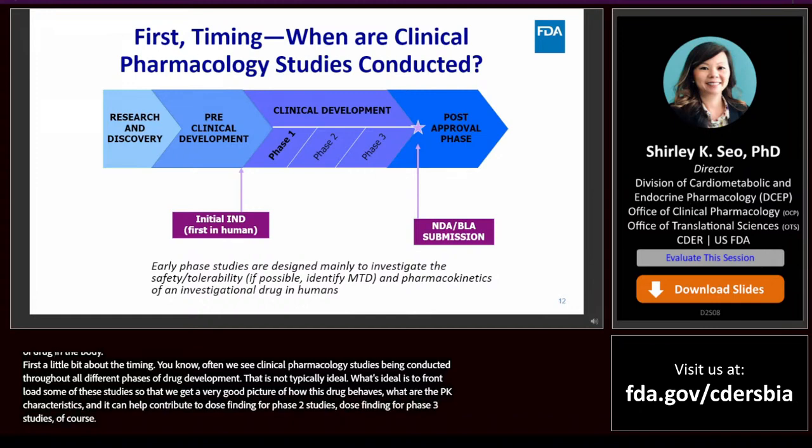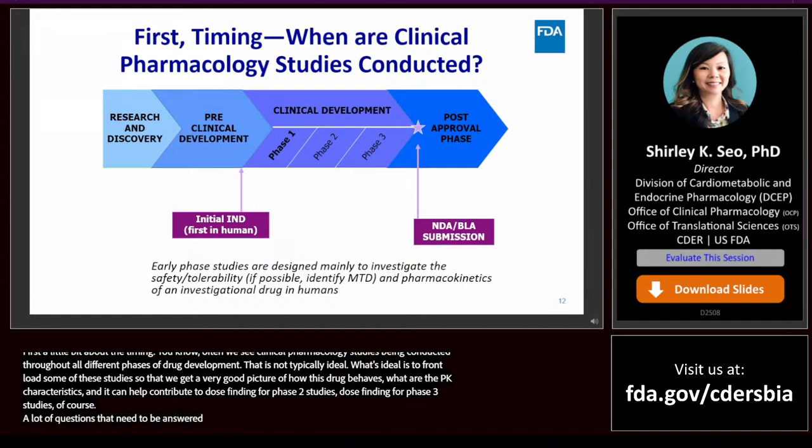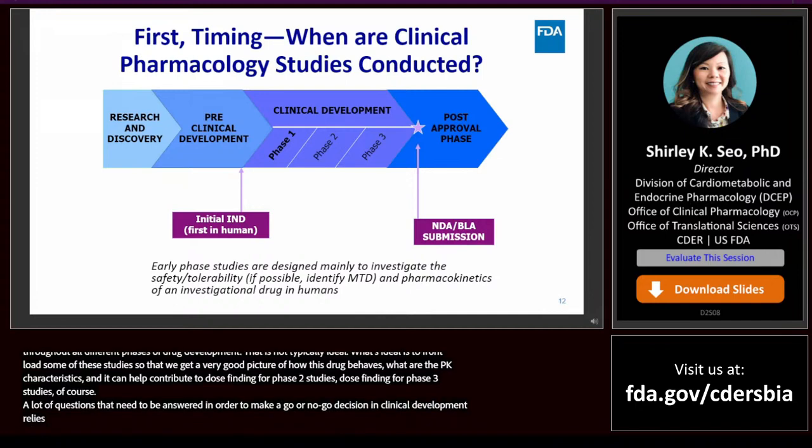A lot of questions that need to be answered in order to make a go or no-go decision in clinical development rely on clinical pharmacology information. So consider that in drug development, a lot of these clin pharm studies should be done very early.